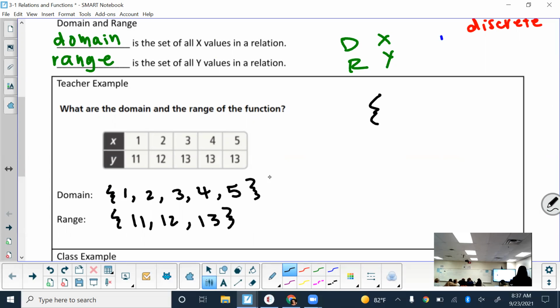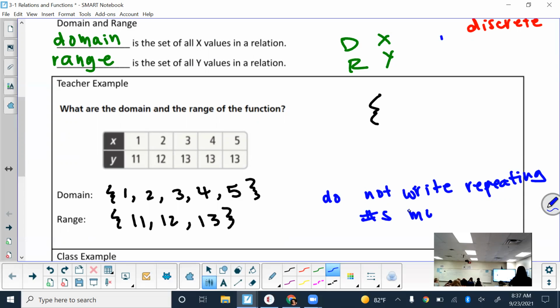All right, so do not write repeating numbers more than once. That sounds better. Questions?